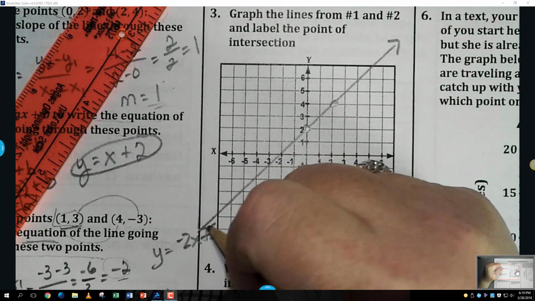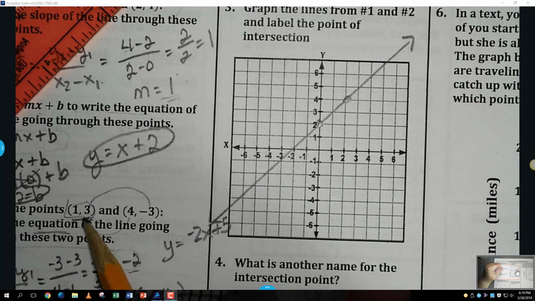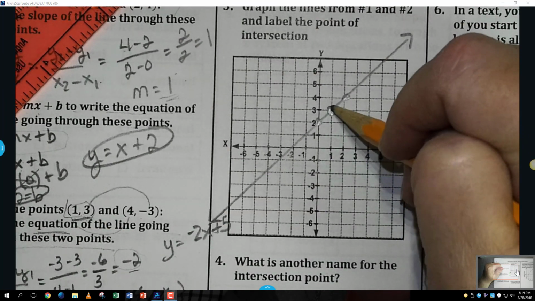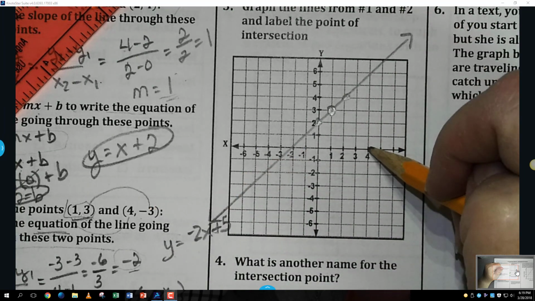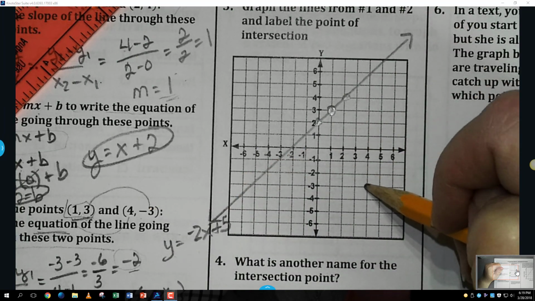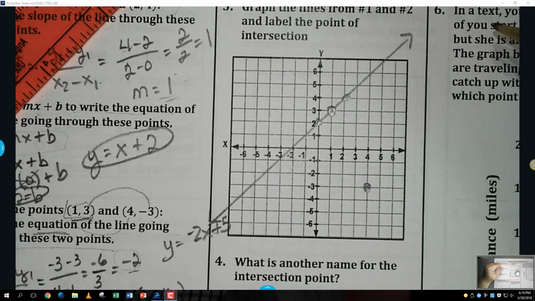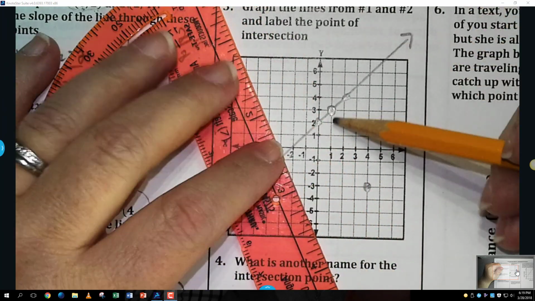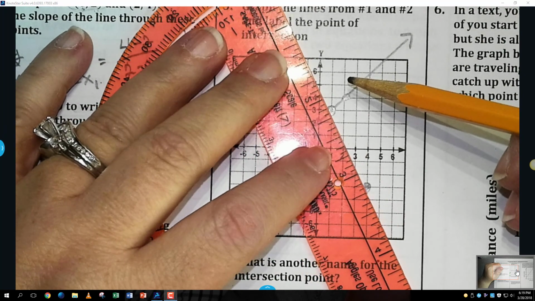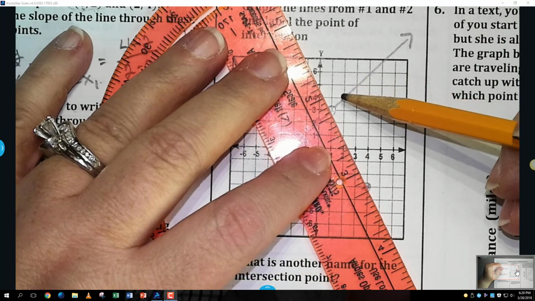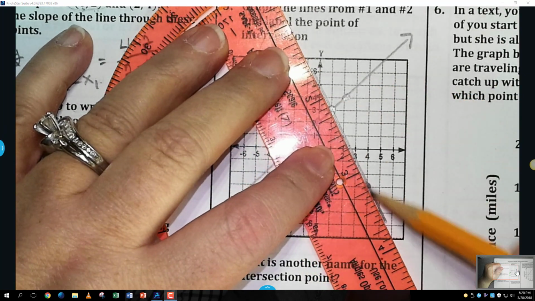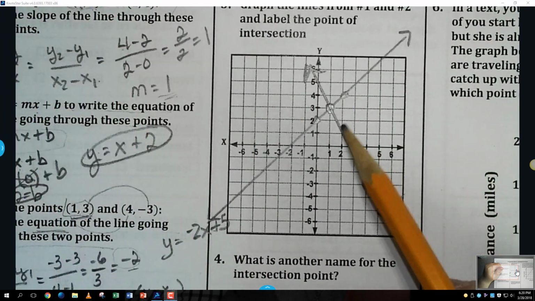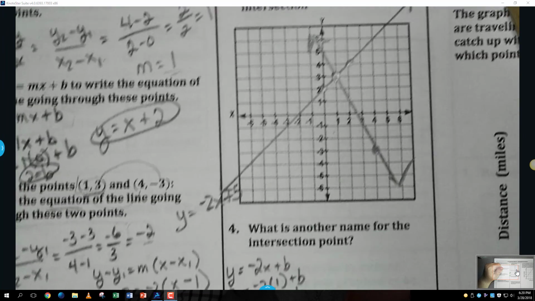And then for my other one, it tells me the points were 1, 3, and 4, negative 3. So then there's, okay, and look where they cross at 1, 3.